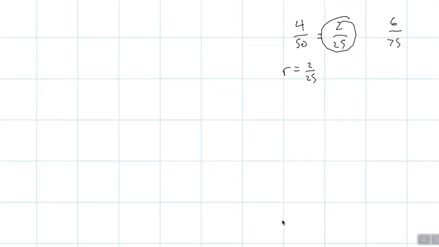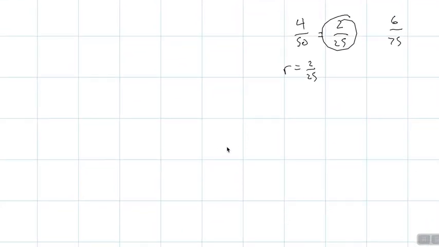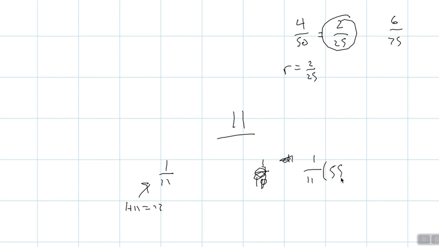The next case, where we apply the same thinking, is when the denominator is a multiple of 11. Looking at 1 over 11, 1 plus 11 is 12. 1 over 11 times 55 is 11 times 5 over 11, so we get 5 over 1.